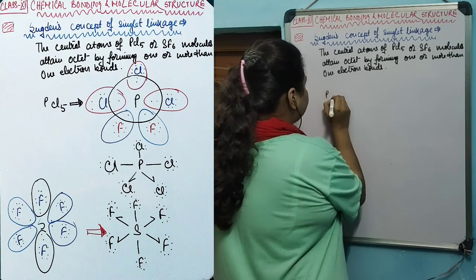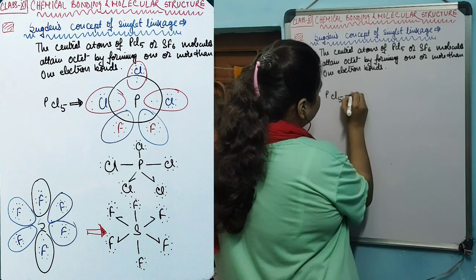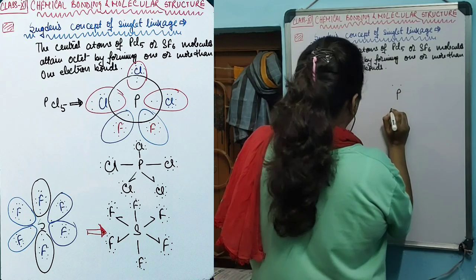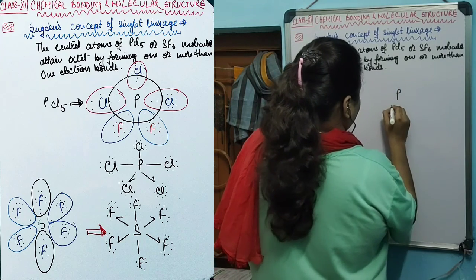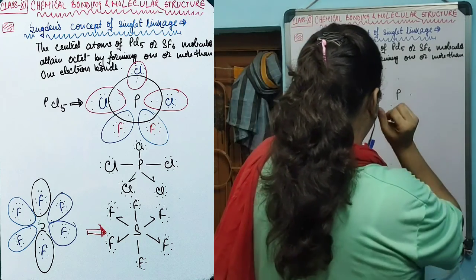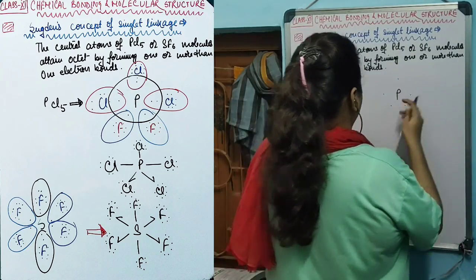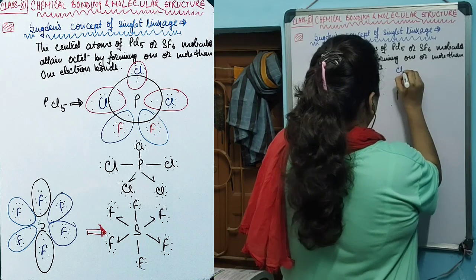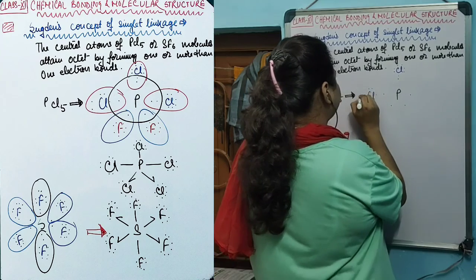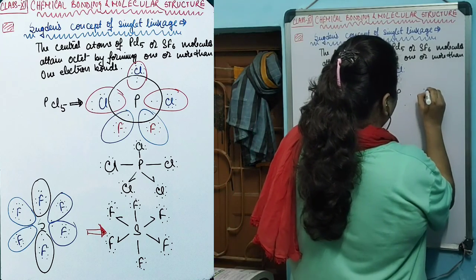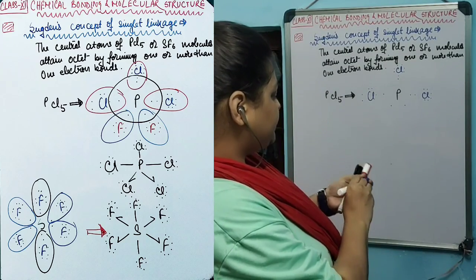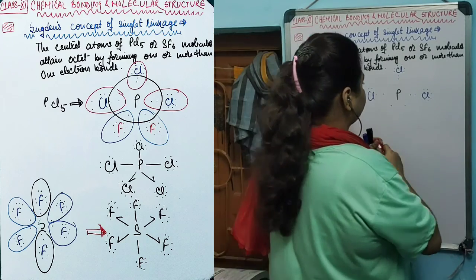Now, in PCl5, according to Sidgwick, phosphorus was forming a bond with 3 chlorine atoms by sharing one of its electrons with each chlorine.